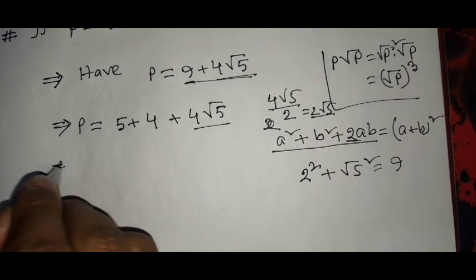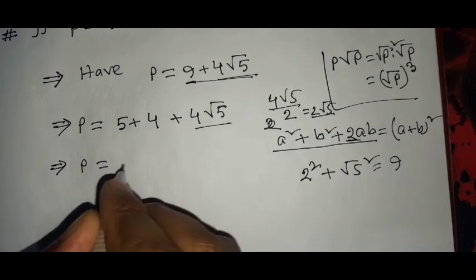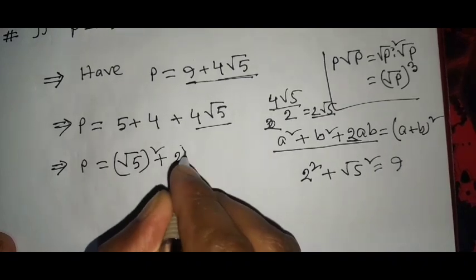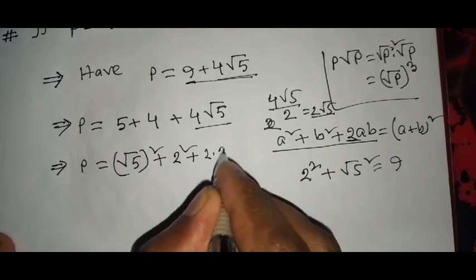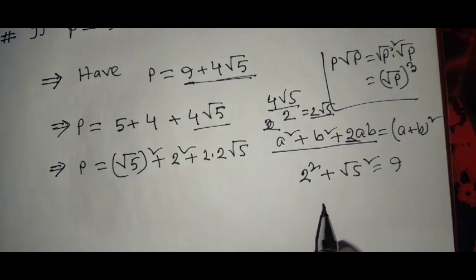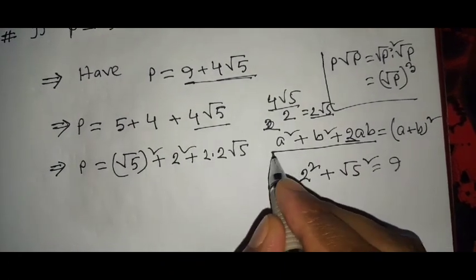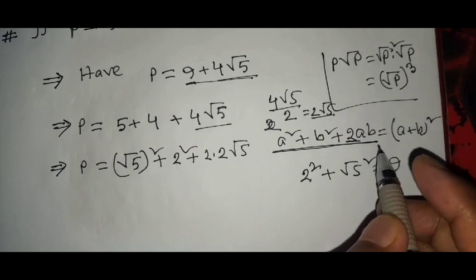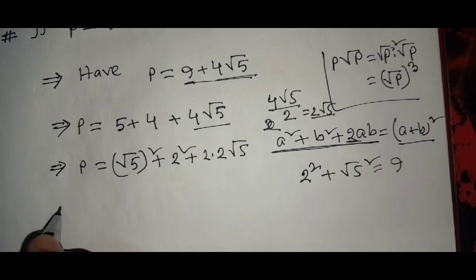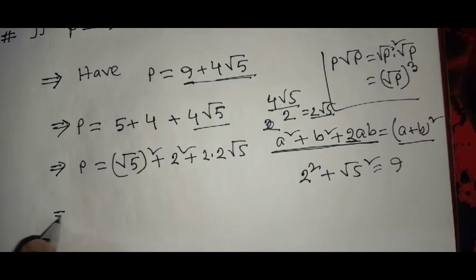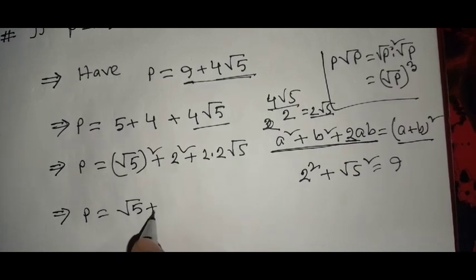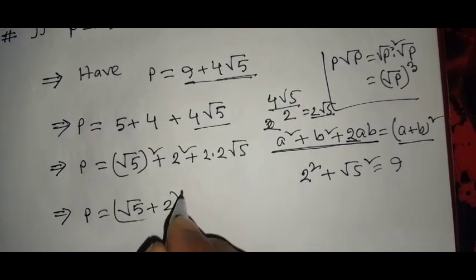So we can write p equal to root 5 square plus 2 square plus 2 into 2 root 5. Okay, this is a square plus b square plus 2ab, so we can write a plus b whole square. Then p equal to root 5 plus 2 whole square.